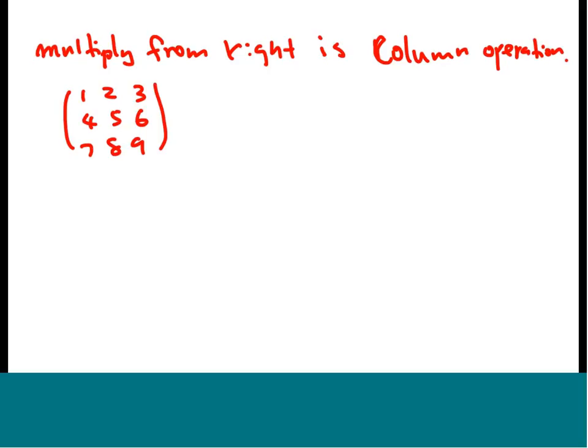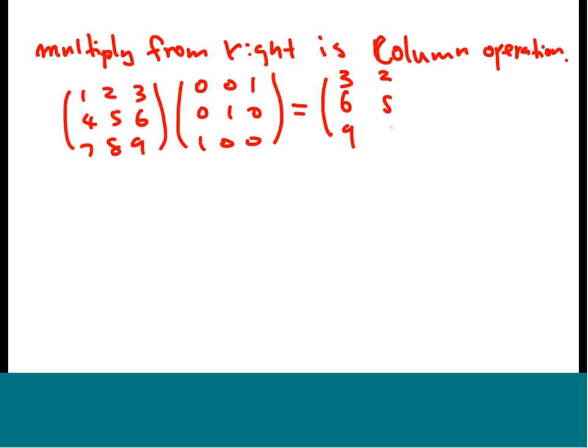Multiply by 0, 0, 1, 0, 1, 0, 0, 0, which equals 2, 3, 2, 2, 6. Then you go to 2, 5, 8.